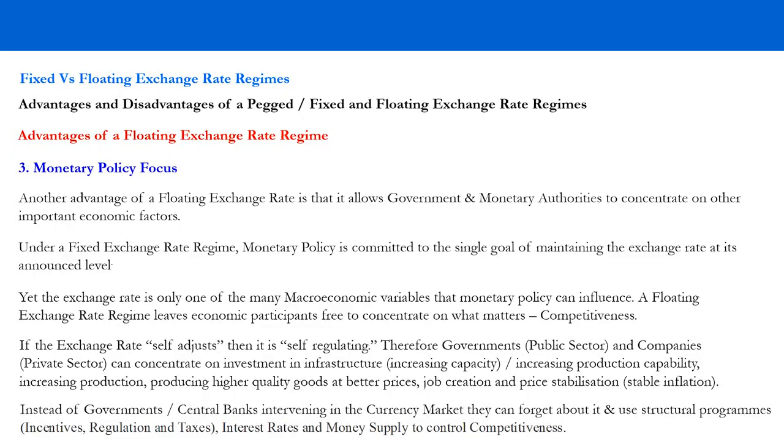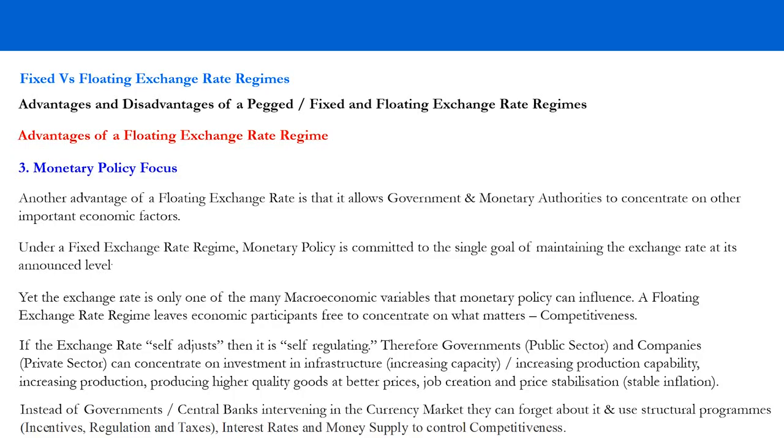So instead of governments or central banks intervening in the currency markets, they can forget about it and just use structural programs. So incentives like regulation and taxes, interest rates and money supply to control competitiveness.